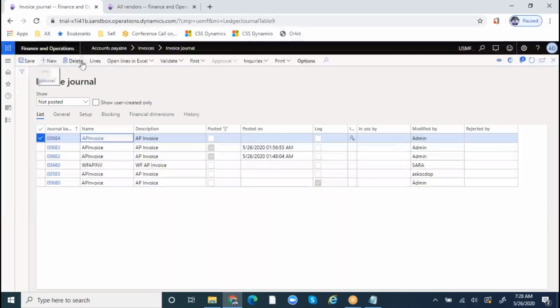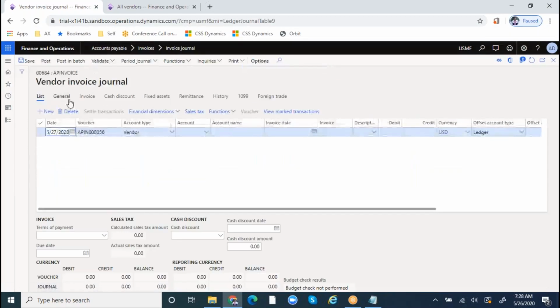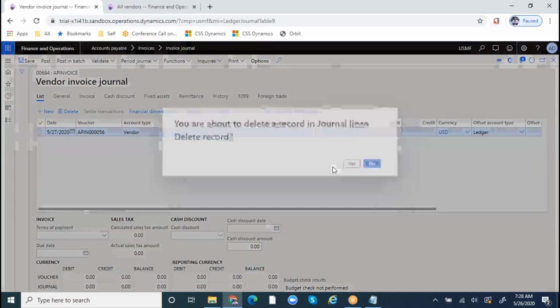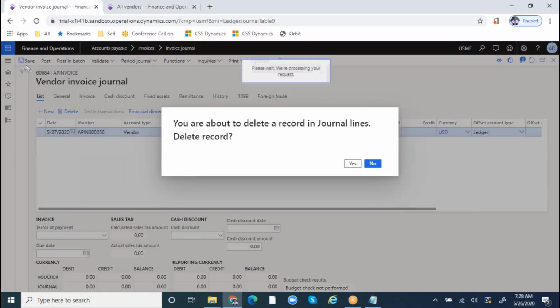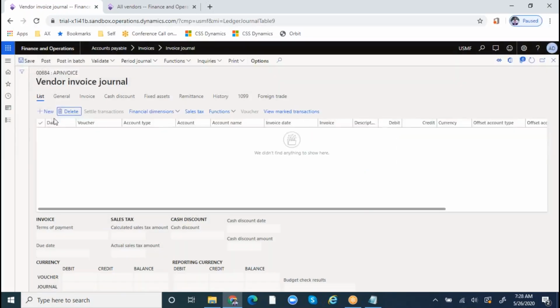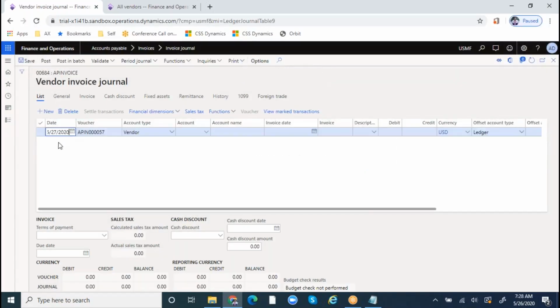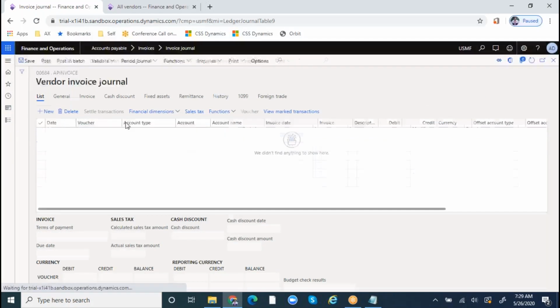So now whenever I click on new, suppose I go to lines. I'm clicking this, and I'm deleting this one. If I click new, by default it always shows today's date. Let me delete this one.